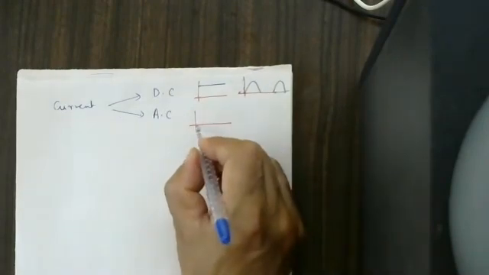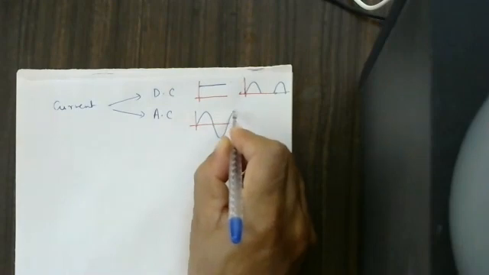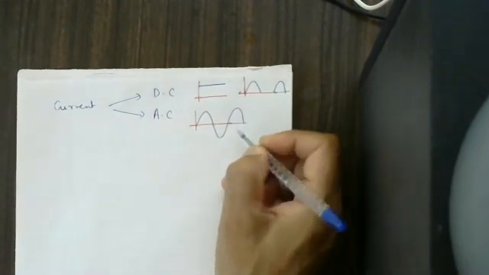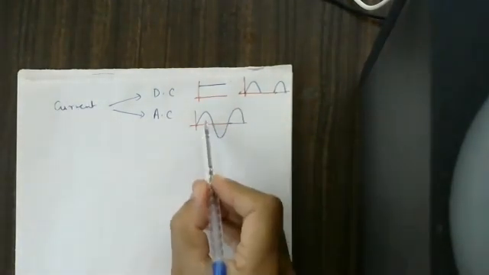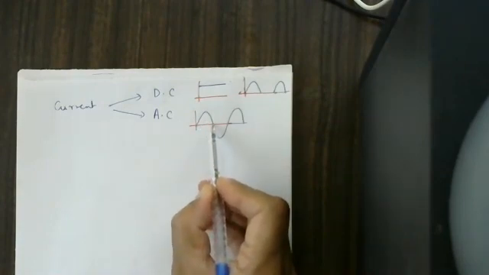But alternating currents are not like that. Alternating current is like this. The voltage increases, decreases, and reverses its direction.